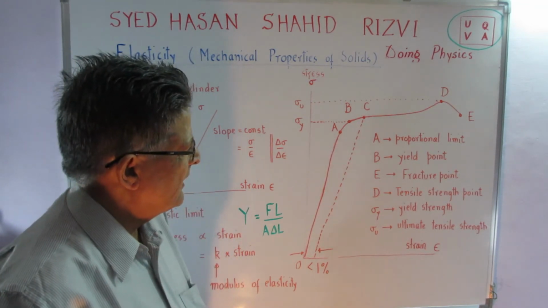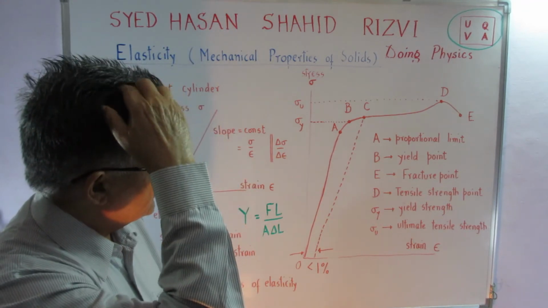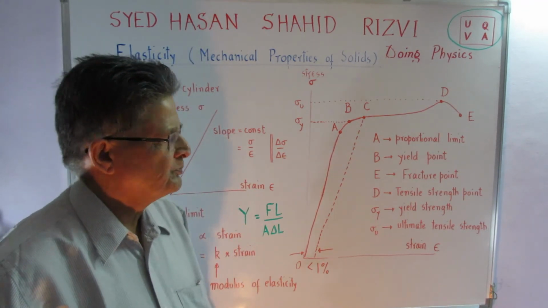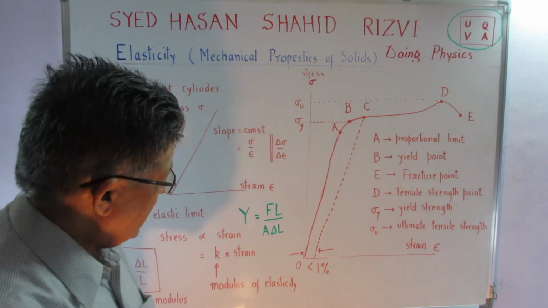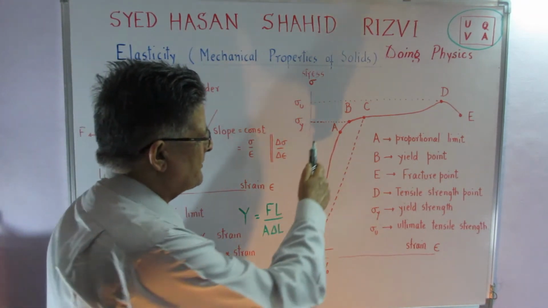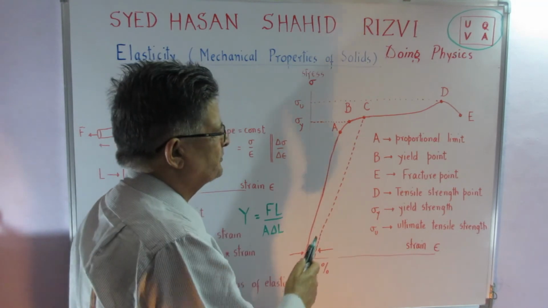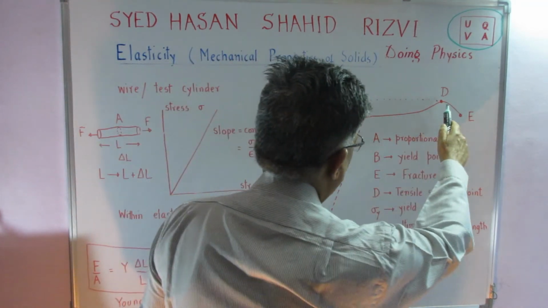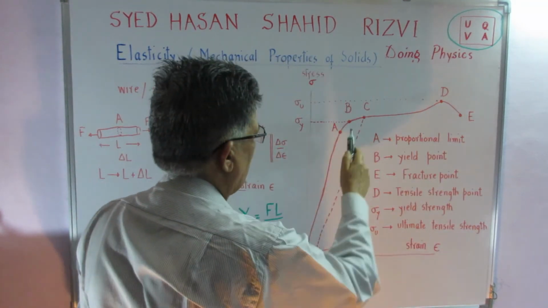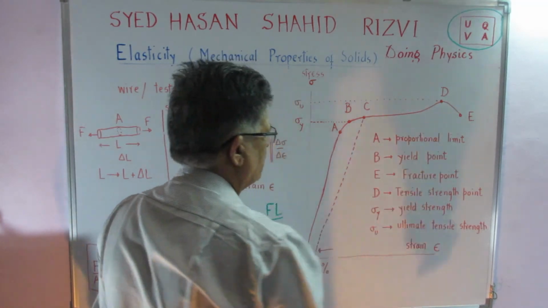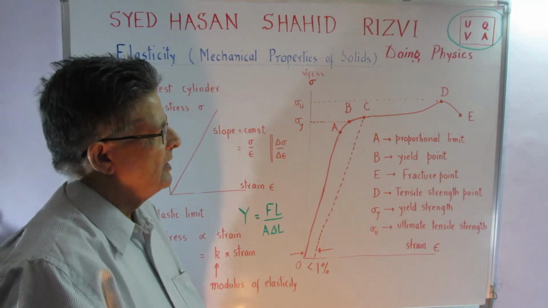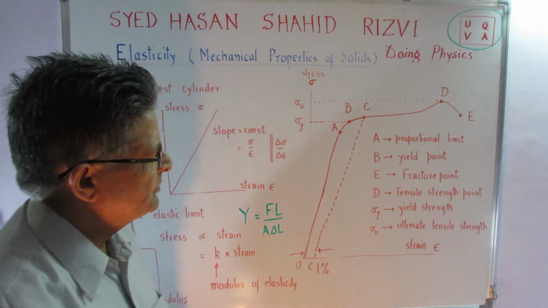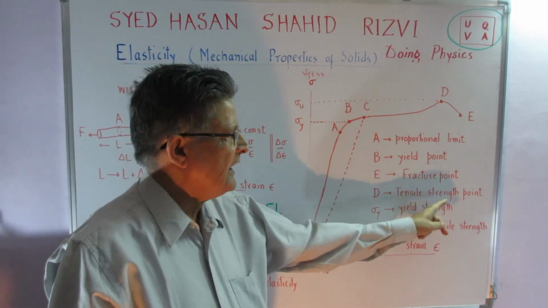We reach a point B which we call the yield point. There is a kind of plastic deformation which creeps into the system. And if from this sigma y we change it a little bit, then ultimately we reach the position D, the maximum position, which we call the tensile strength point.